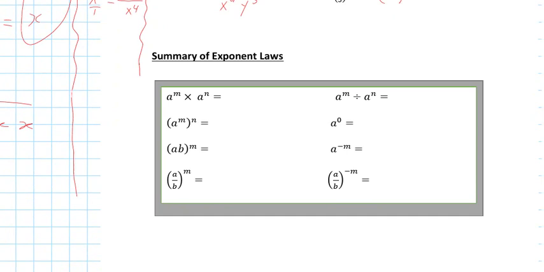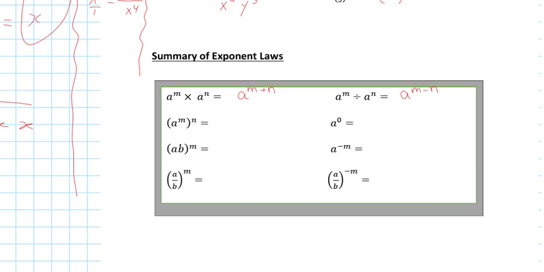If I have the same base and I'm multiplying, what do I do? That's a to the power of m plus n. You leave your base, you add your exponent. If I have the same base and I'm dividing, you subtract your exponent, so a to the power of m minus n.